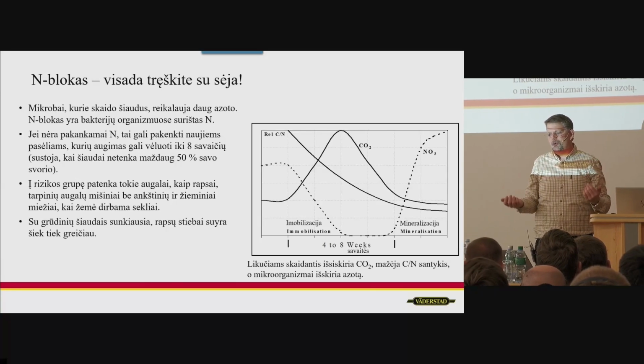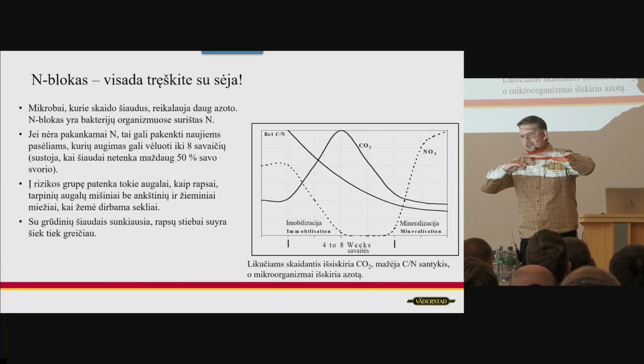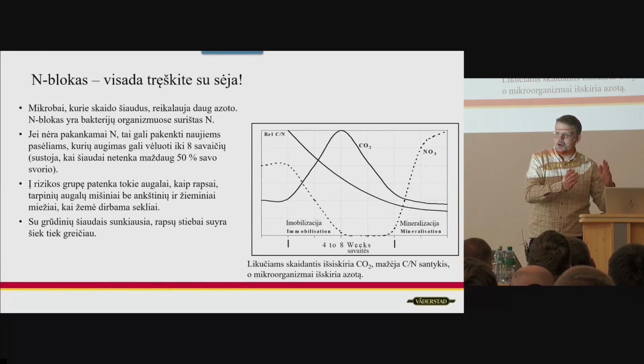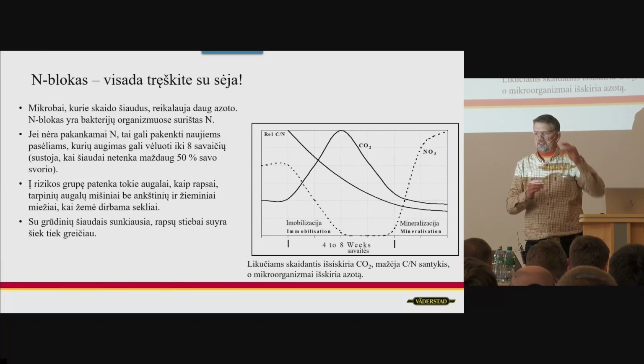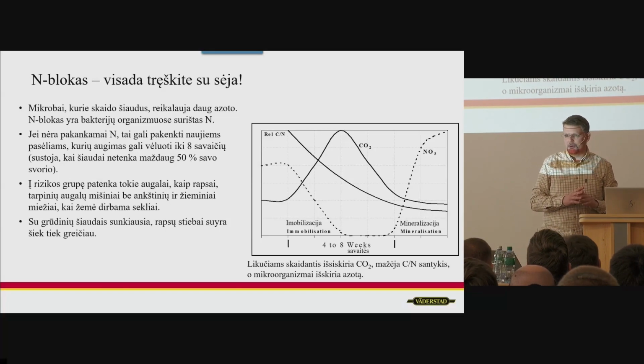So therefore we can see that the plant growth is stalling. It's getting very much slower during that time. With our fertilizer added, we, so to say, jump over this 4 to 8 weeks. So we give an instant go for the plants here.